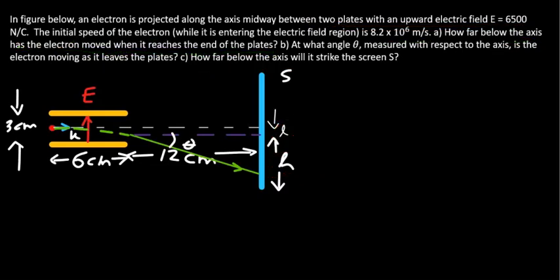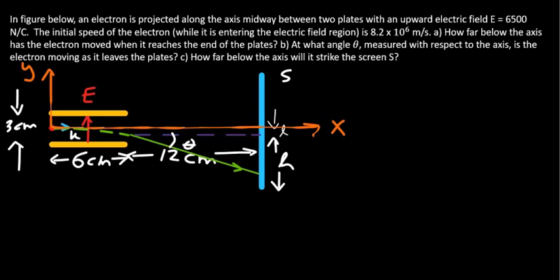So what I'm going to do, first, we are going to set the axis. So that is the y-axis. The x-axis would coincide with the white dotted line, like that. So that is your x-axis. Of course, it should extend all the way, like that, from the initial entry point of the electron. So that is the origin of that coordinate system.